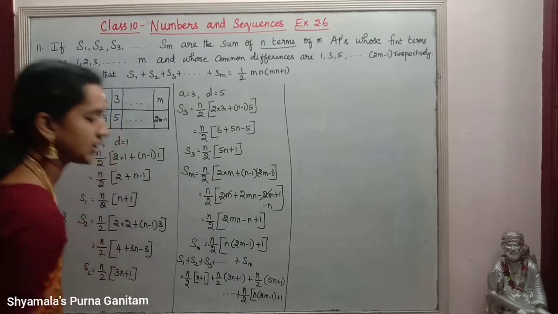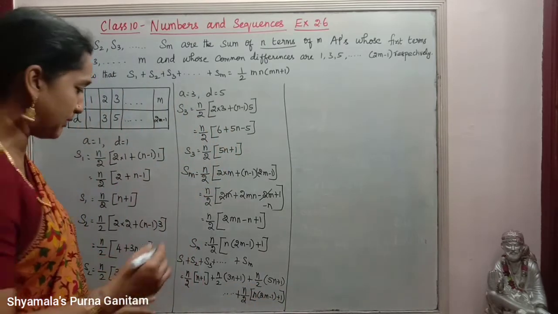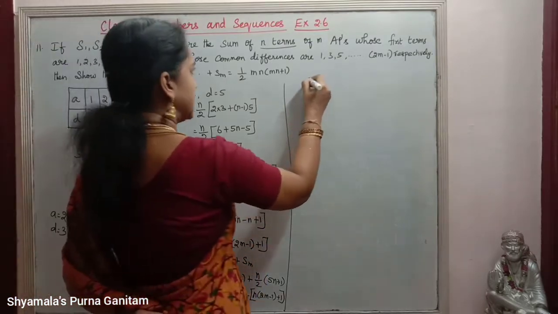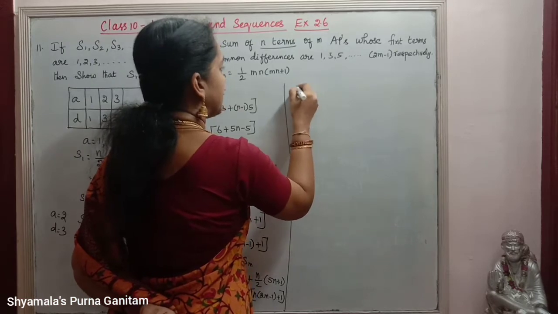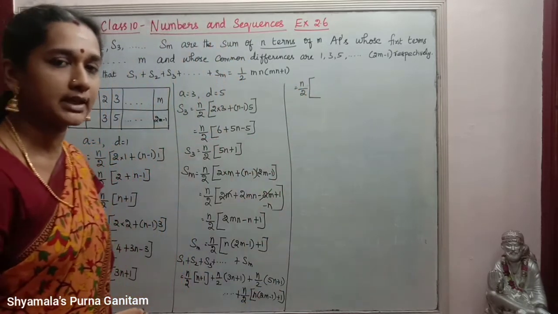So we will simplify this first. n by 2 is common for all the terms, so we will take n by 2 outside.